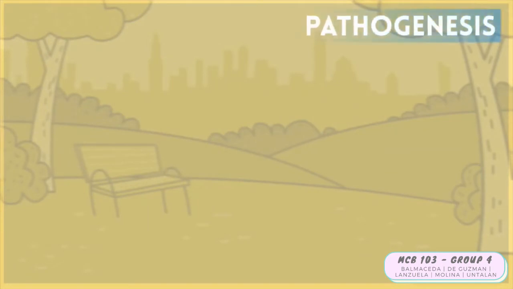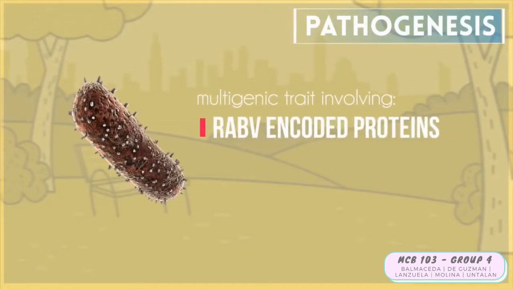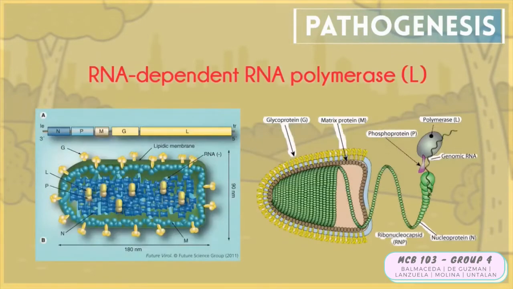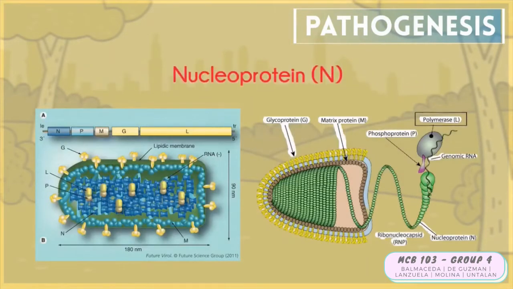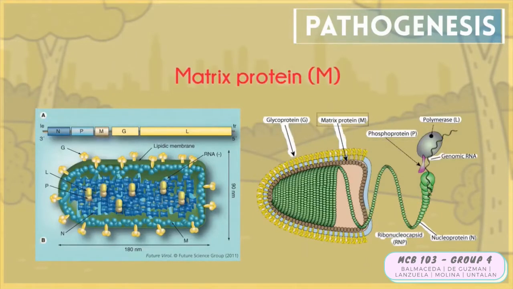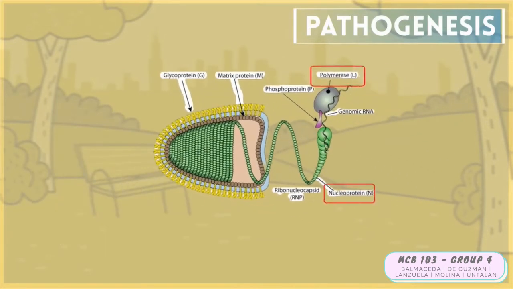The pathogenicity of the rabies virus is a multigenic trait involving various RABV-encoded proteins and transcriptional elements: an RNA-dependent RNA polymerase or L, a nucleoprotein or N, a phosphorylated protein or P, a matrix protein or M, and an external surface glycoprotein or G. The N, L, and P proteins collectively form the genomic RNA called the ribonucleoprotein complex or RNP.